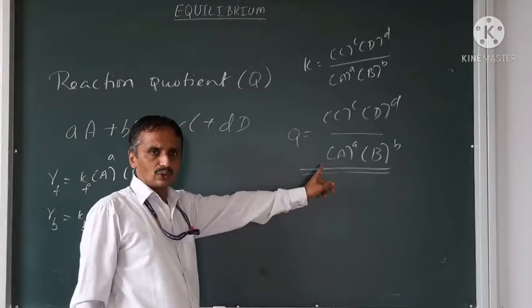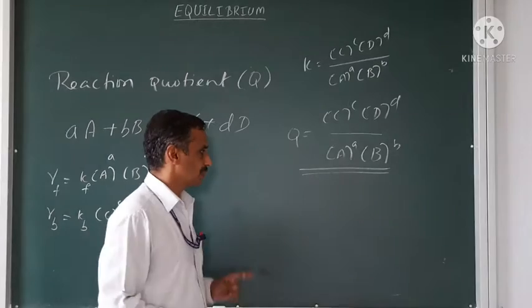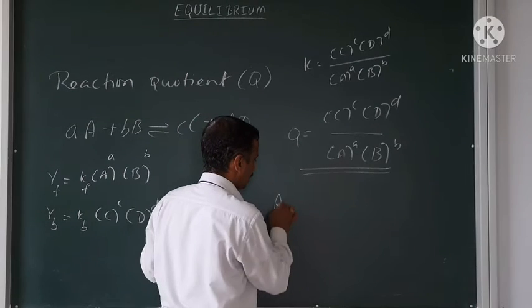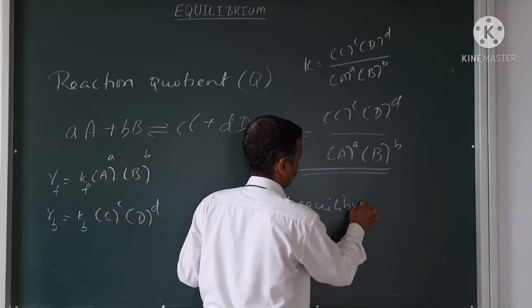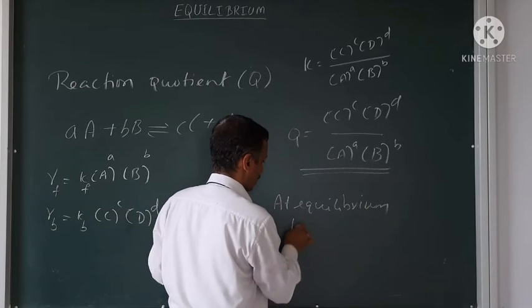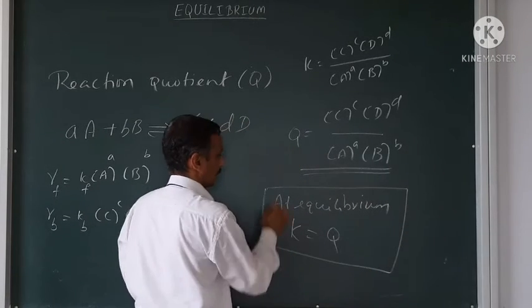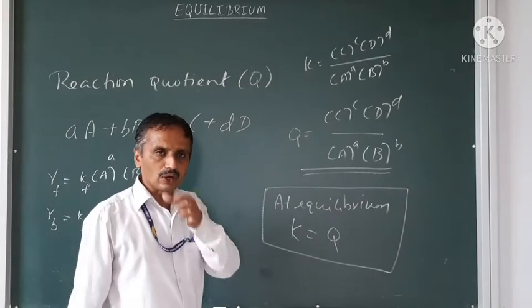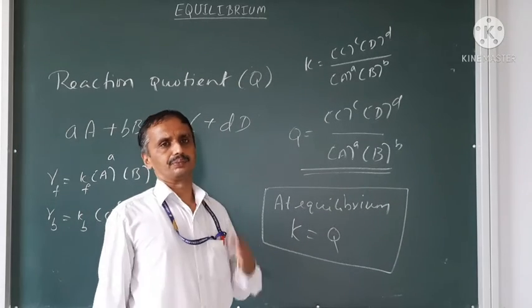So for the reaction quotient and equilibrium, the equation is the same. And remember, at equilibrium, K is equal to Q. Note this: at equilibrium, the equilibrium constant and the reaction quotient are equal to each other.